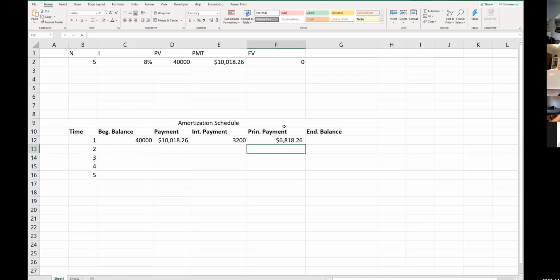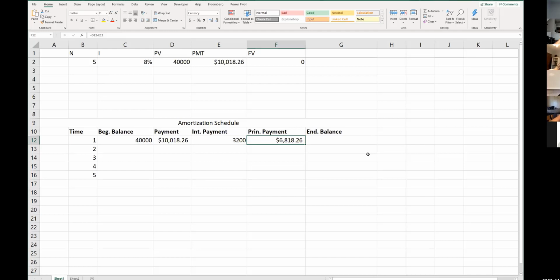Okay. So what's our ending balance then? We paid 6,818 towards principal. That means at the end of the year, how much should our balance be? Right, take some time. We paid 6,818 towards our principal. So at the end, Islin says, or Kimberly and Islin, 33,181.